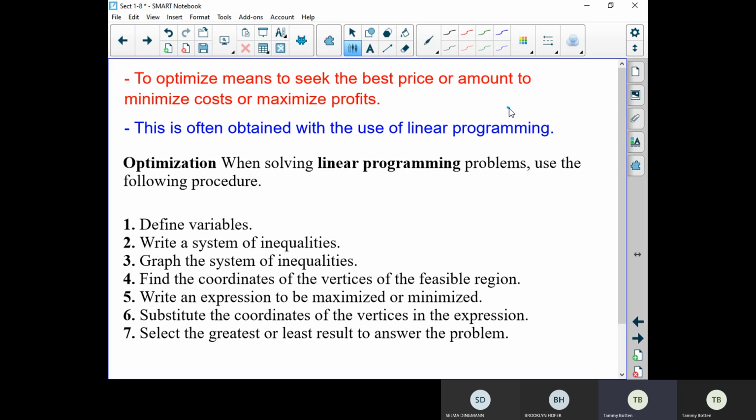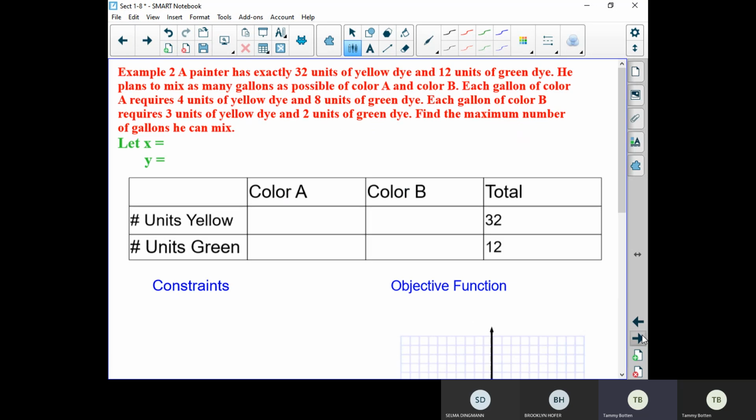Or they might want to look at minimum cost. And you'll see an example of both of those. These are just like we did, except we have to come up with the variables and the constraints. And the other thing that's different is that they don't give you that function. You have to think about what that would be.